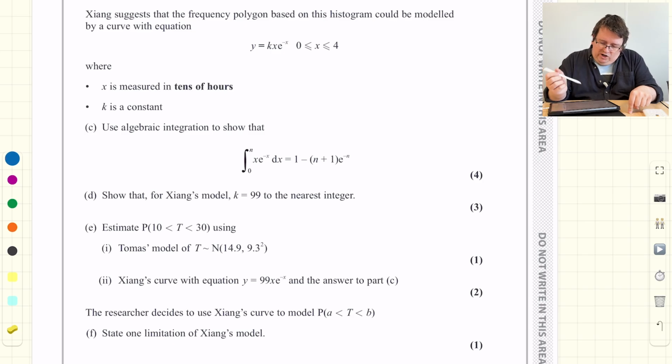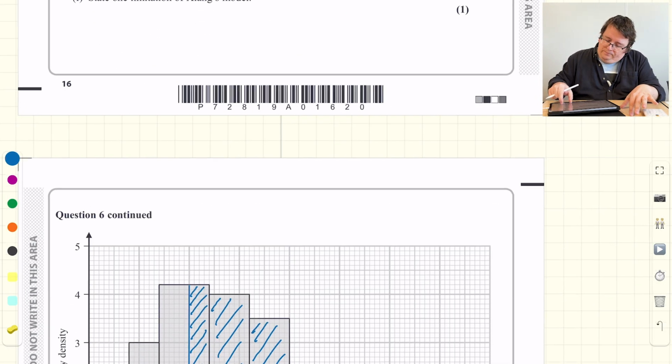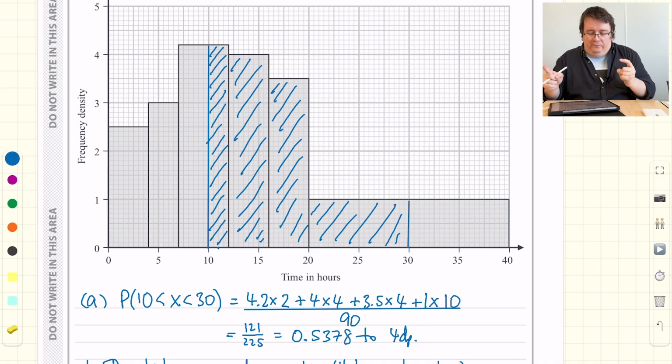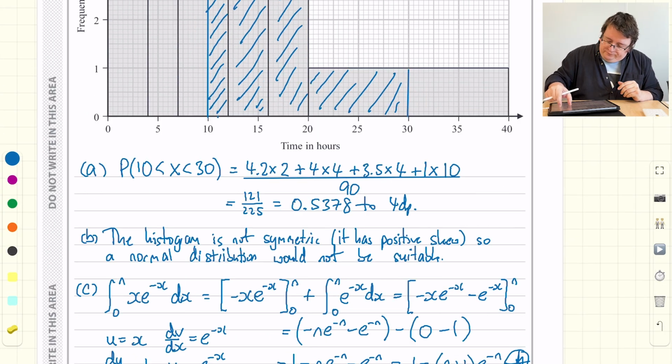Well, Xiang's model only goes between 0 and 4. And remember, that represents 40 hours. So the model only goes up to 40, but if you want to go between any two times, then you can't use the model.